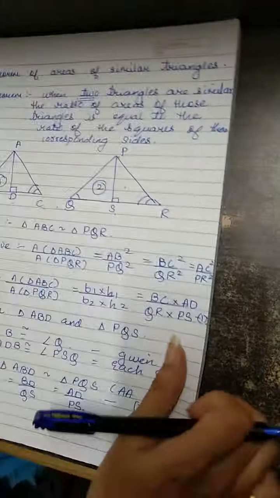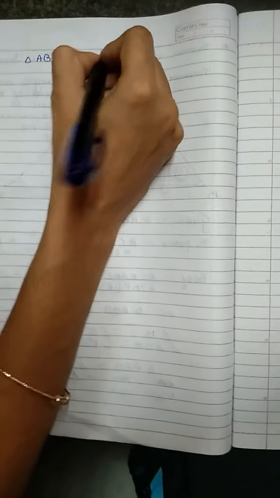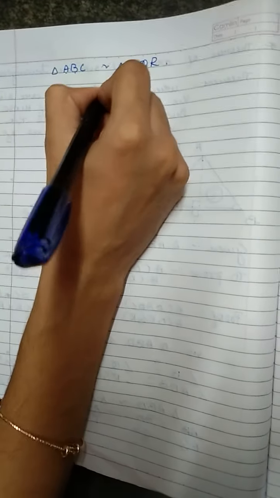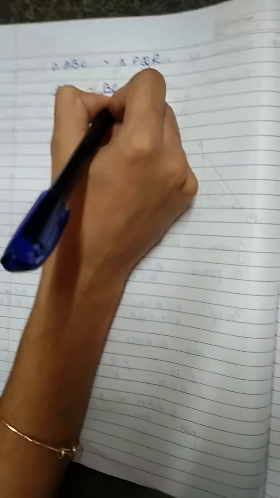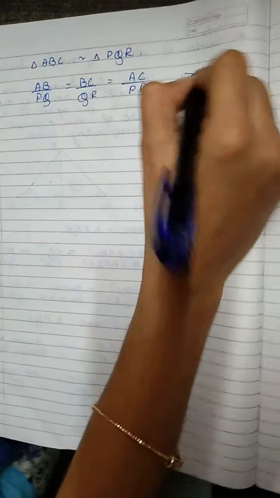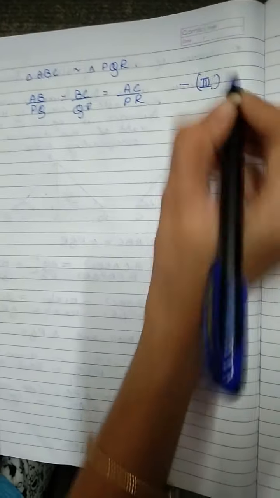Now triangle ABC is similar to triangle PQR, that is the given part. Now let us consider ratios of these two triangles: 1 2, that is AB upon PQ, 2 3, that is BC upon QR, 1 3, that is AC upon PR. Now this is equation 3.